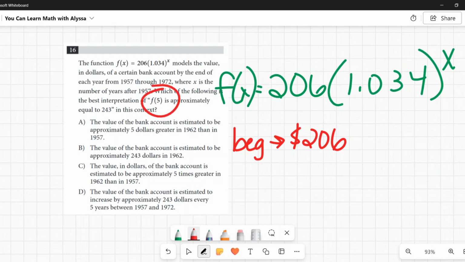So f of 5. 5 is going to be our x, and we're told that x is the number of years, right? And f of x, the output, is the value in dollars by the end of each year. So really, they're kind of already telling us we don't have to do that much figuring out in these problems.